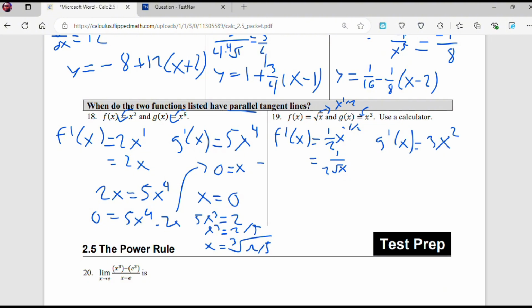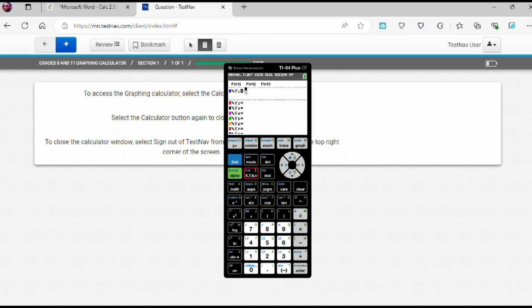Okay, so now we're going to go into our y1. We have f prime of x is 1 over 2 square root of x. And for a y2, we have 3x squared. Okay, graph.